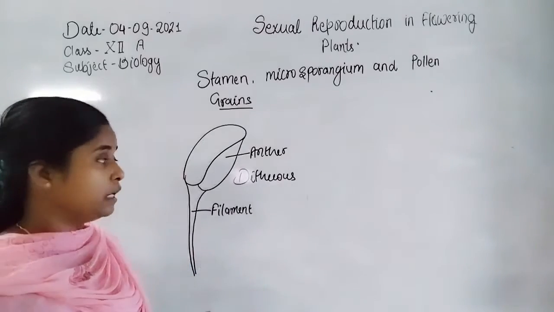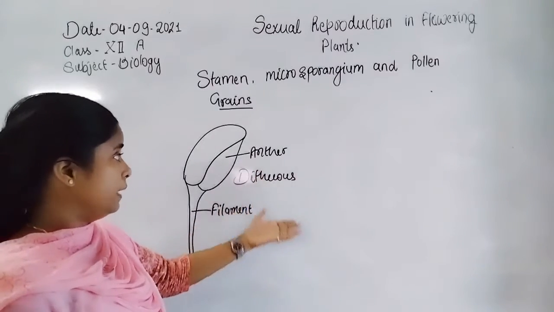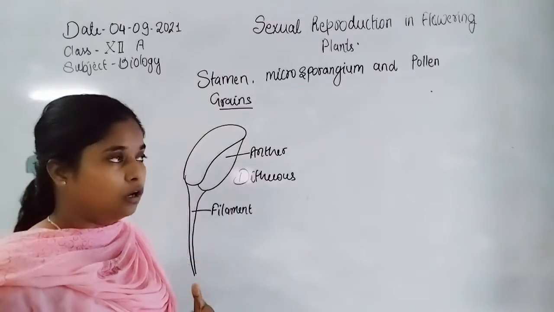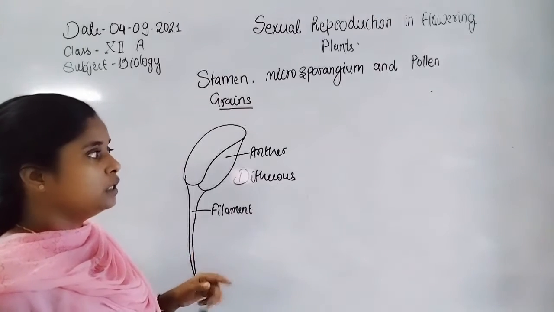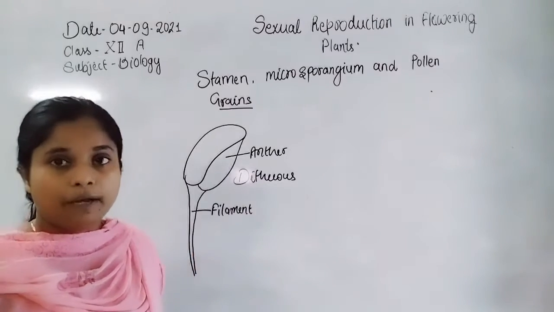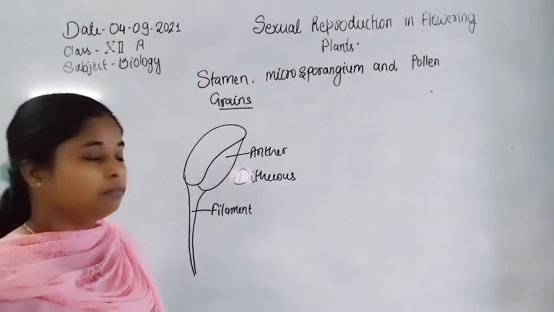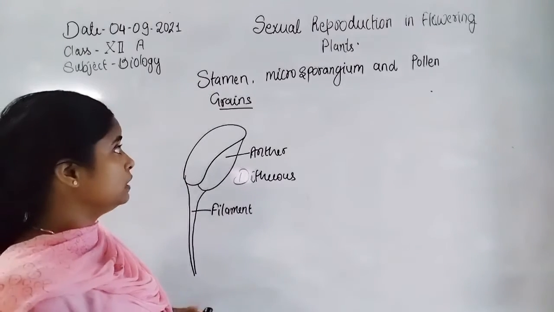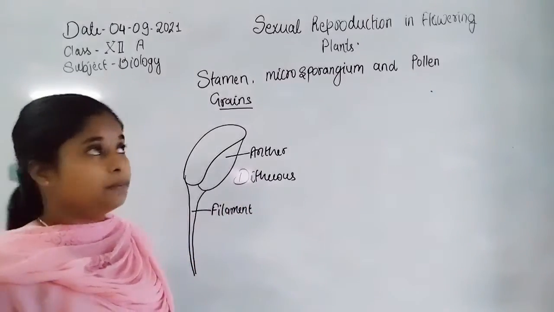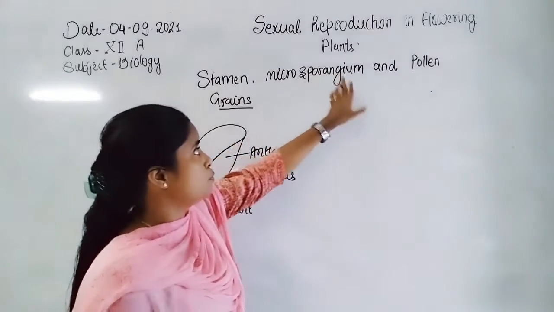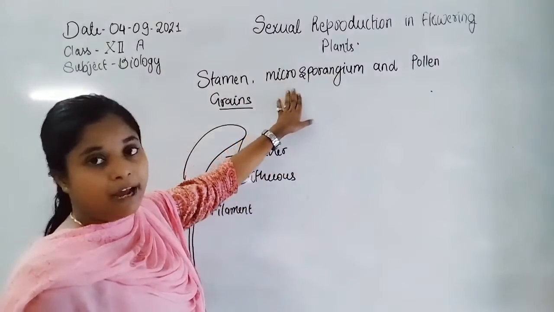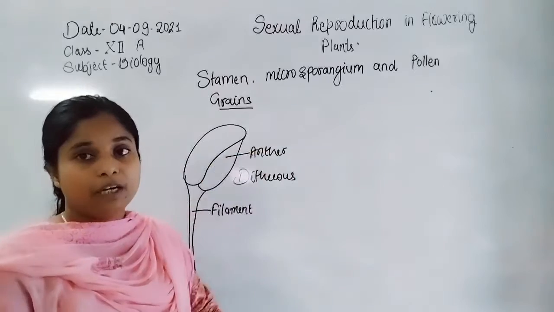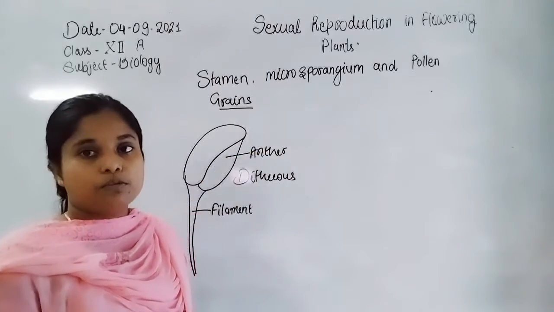Overall 4 chambers are present in the anther, formed by 4 walls. Inside the 4 layers the microspores are present. That's why we call it the microsporangium, because all the 4 layers enclose the microspores.